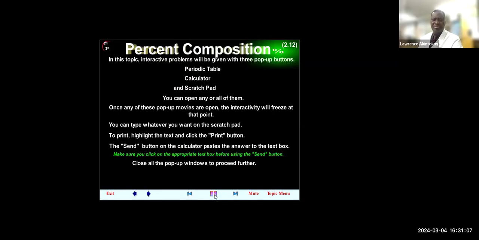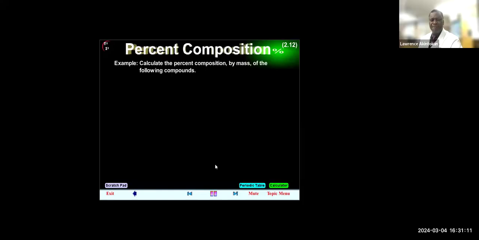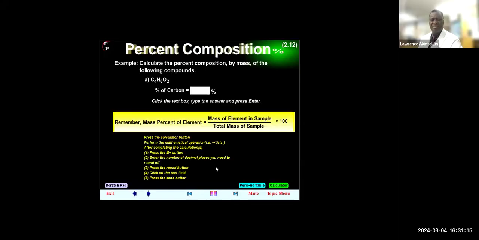Let's do some interactive activity. Example: calculate the percent composition by mass of the following compounds. A. C4H6O2. Percent of carbon equals. All right, so go ahead and solve this. Get a pen, pencil, and a calculator with your periodic table.